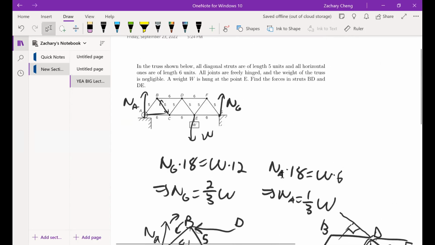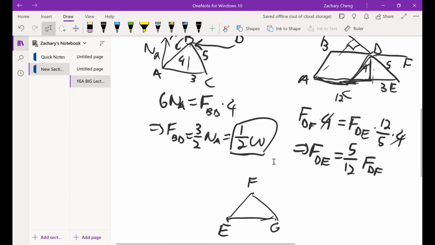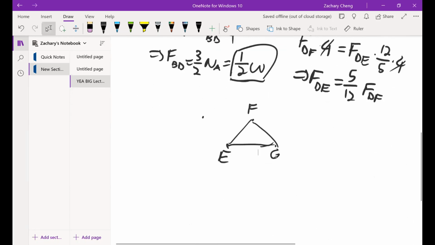If we do that, again, this time we take the pivot as point E. DF is here, and there's an NG here, and FDF and NG are the only two external forces on the system because everything else goes to E. And so now we just cancel out the torques again.